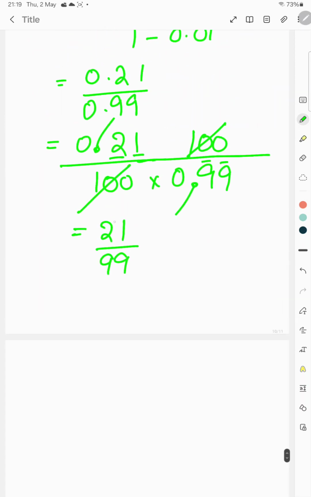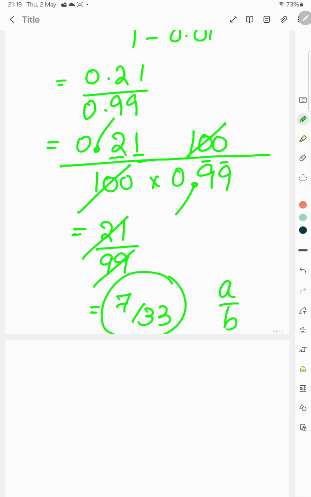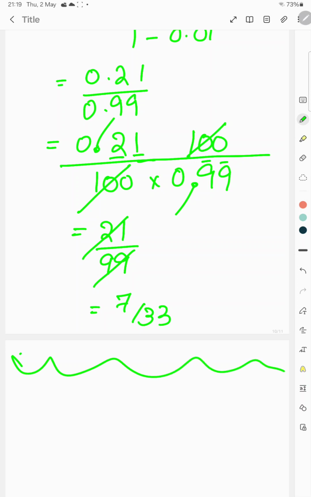Then dividing by 3, I get 7 by 33. So students, as you can see, this is the answer in fraction form. We write the answer in divide form, and they are simple numbers and there is no decimal involved in it. Okay students, so this is our final answer.